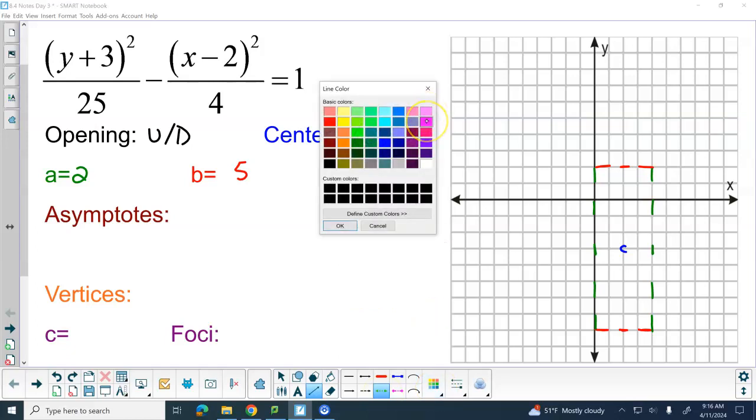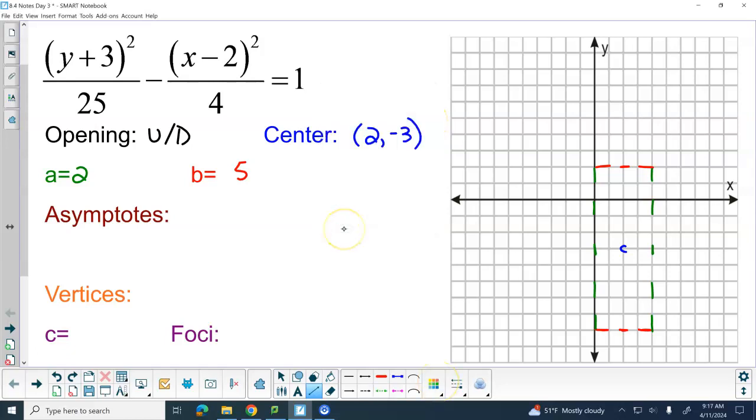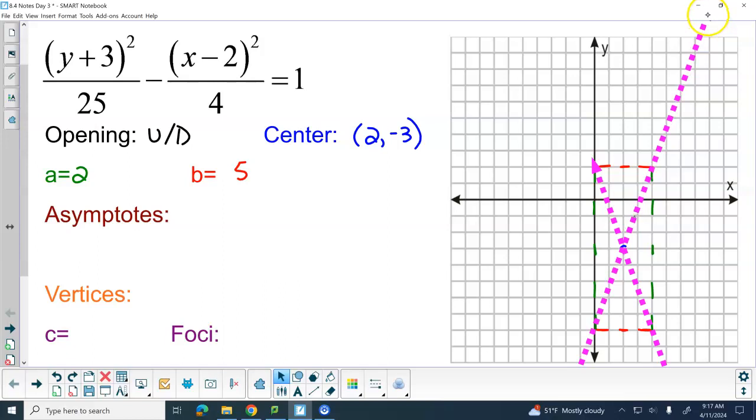Ooh, let's go that way. Yeah. Now, hopefully this will work for me.